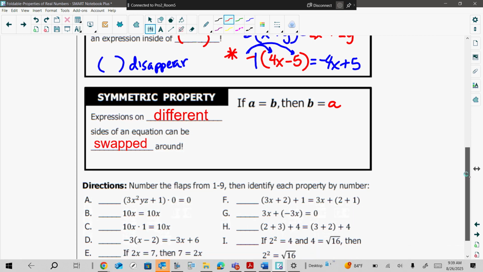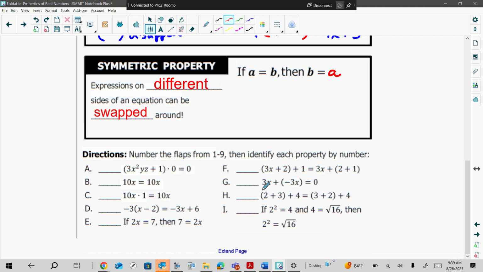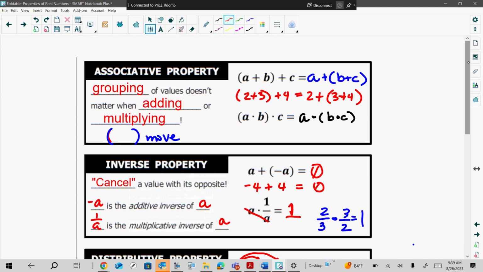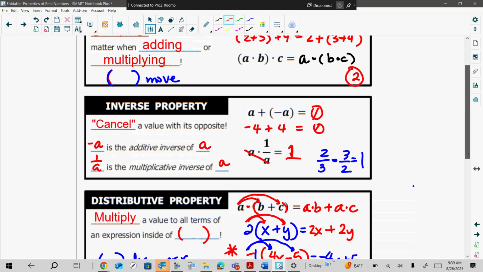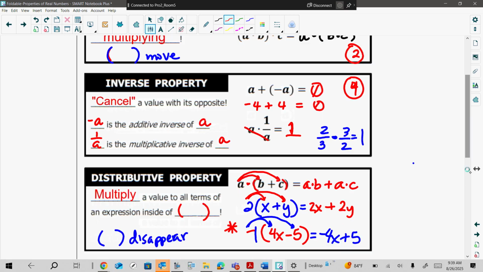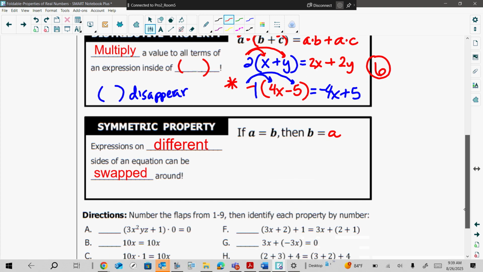All right, so instead of writing each property out, guys, it says right here we're going to number the flaps 1 through 9 and identify the properties. So this right side is going to be the even side. So this is going to be my number 2. This would be my number 4. Sorry, dang it. Then this would be my 6. Number these so we don't have to write them out. And number 8.